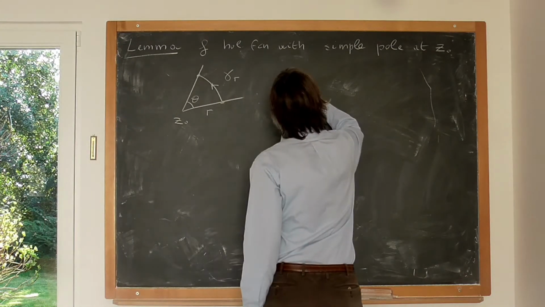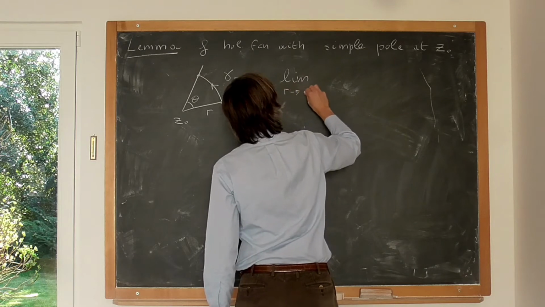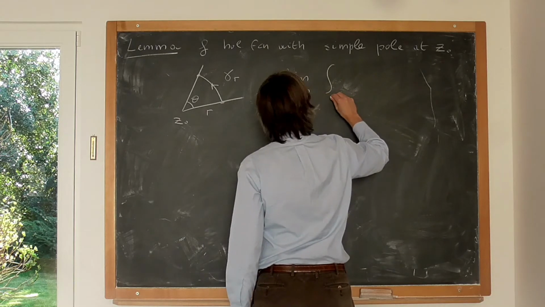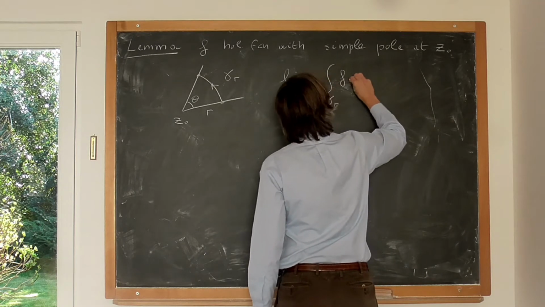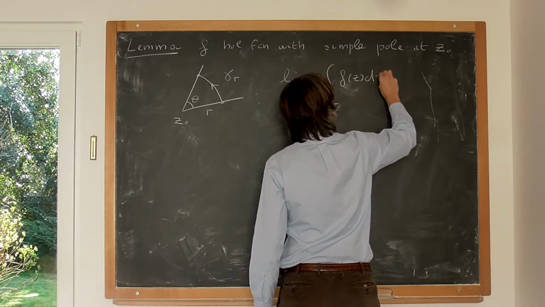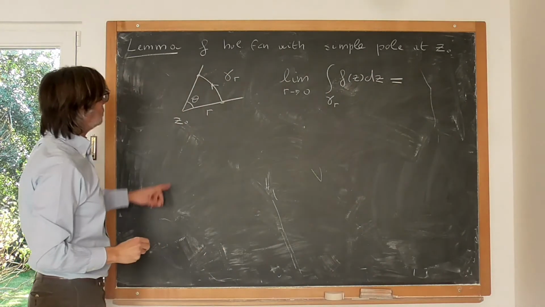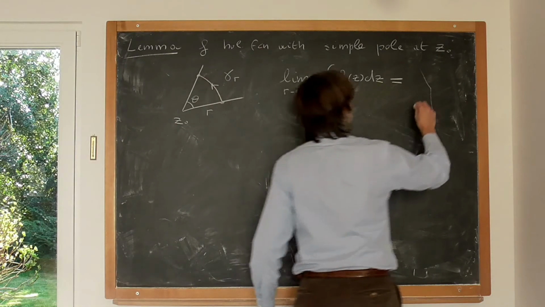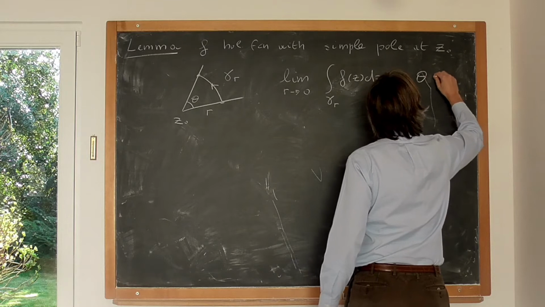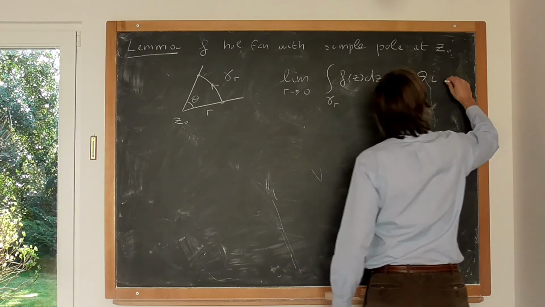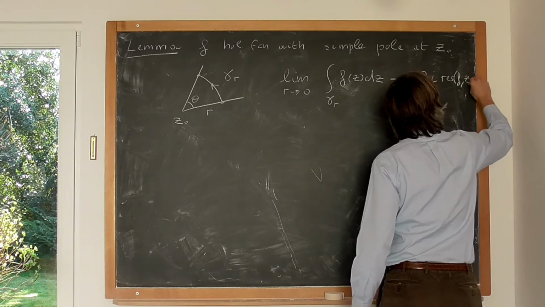And what I'm saying is that the limit for r going to 0 of the integral on this gamma r of f of z dz is theta i times the residue of f at z0.